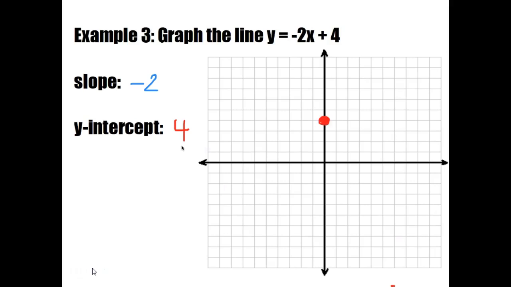And my slope in words. What does a -2 in words mean? Am I going down, up, left, right? Zoe? Down how many? And then how many do I go to the right? 1.